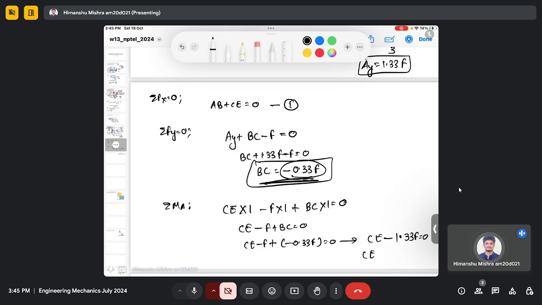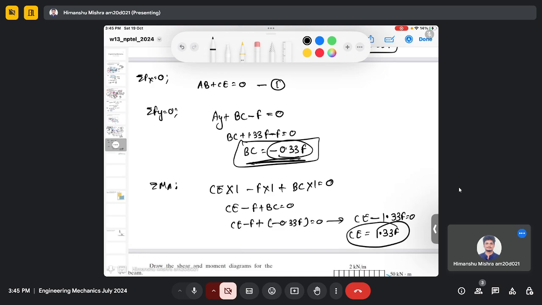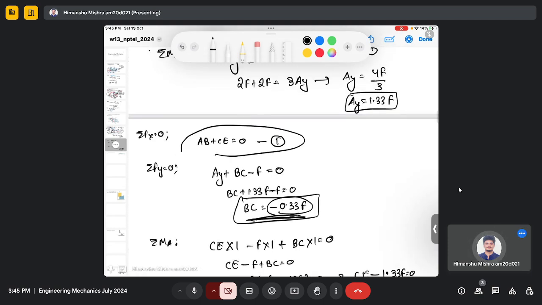So my CE will be plus 1.33 F. So this is the force at member CE, which is 1.33 F. So now I can use equation 1 to calculate the force at member AB, which is AB equals minus CE.